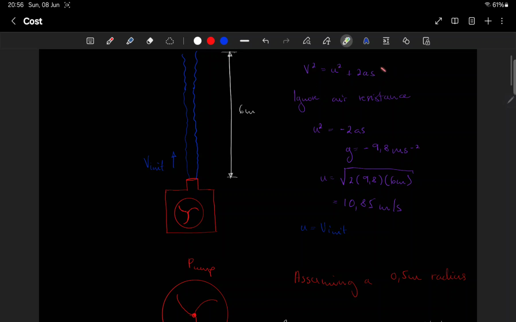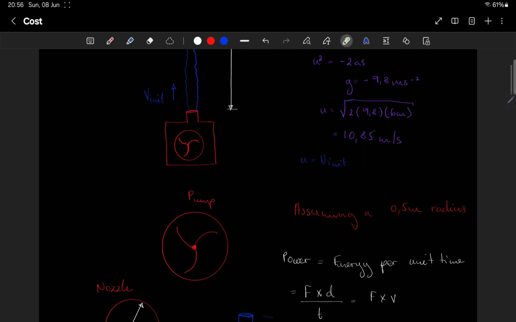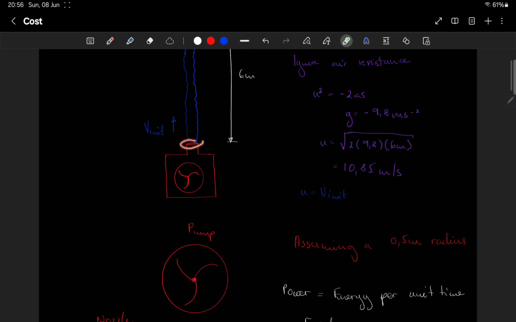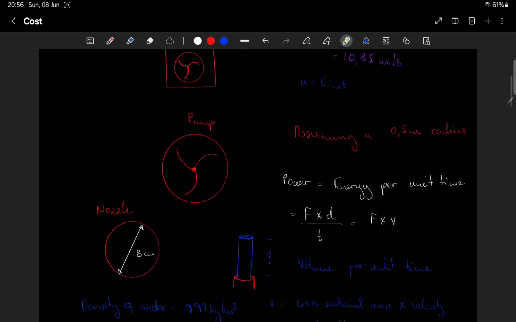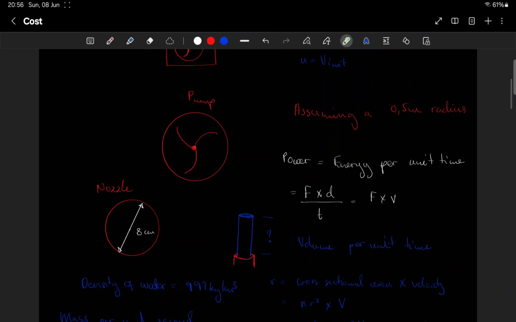If you use some equations of motion and calculate, assuming that the water gets to a height of 6 meters, and the acceleration due to gravity is that, then the initial velocity of the water as it leaves the pump has to be 10.85 meters per second. Then assuming it's a centrifugal pump with a radius of 0.5 meters, meaning from here to there it's 0.5 meters, the entire thing is 1 meter.